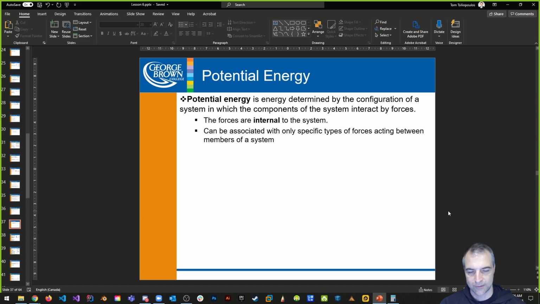Potential energy is storage. I want to store energy somewhere, somehow. I'm storing energy. That's what potential means, right? It's not energy of motion. It's energy of position, or in other situations like batteries or something like that. Think about it as a battery. I'm storing energy in a battery. I've got potential energy.